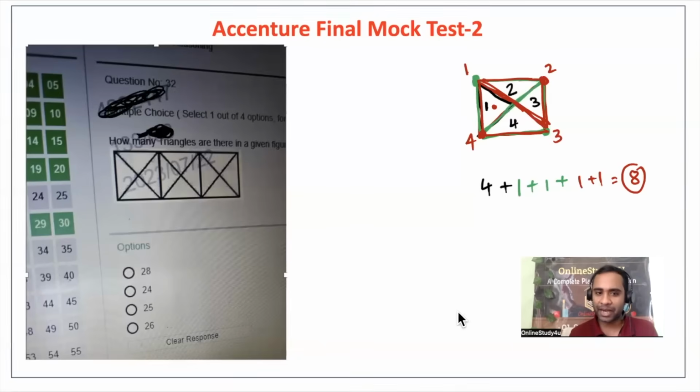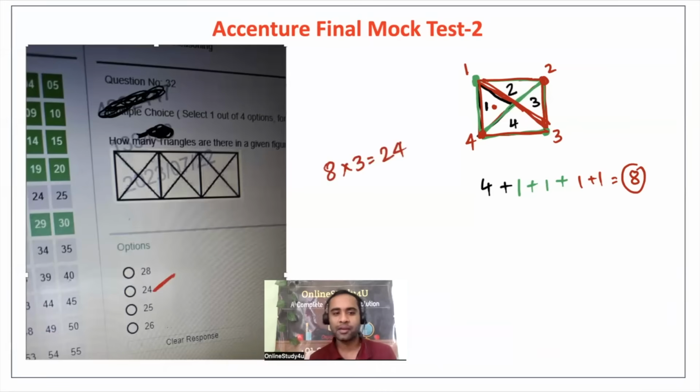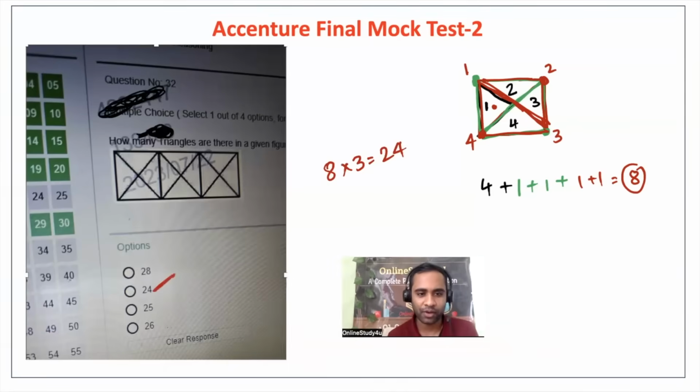Now many of you will think, sir, it is 8 and there are 3 boxes, so 24, and they will mark 24 as the answer. But again it will become wrong, because friends, see, we have got these in the boxes, right? In one box, one box, one box you got these. Next, from this point, this is like in two boxes. So in two boxes we will have one triangle.